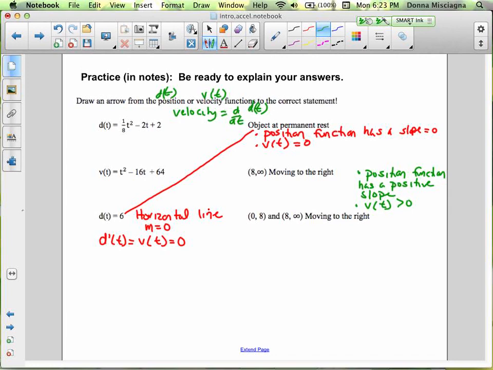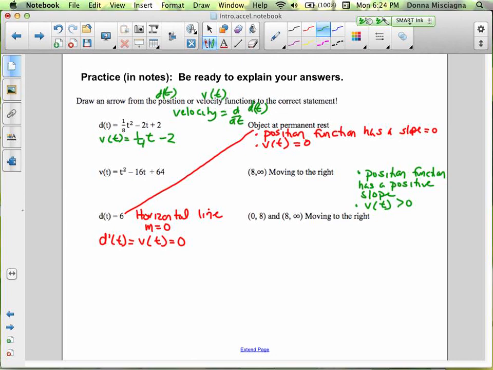All right? So here we have a position function and a velocity function. Let's change them both so that they're velocity functions. Let's just take the derivative here. So v of t would equal, 1/8 times 2 would be 1/4 t minus 2. So now we have two velocity functions.